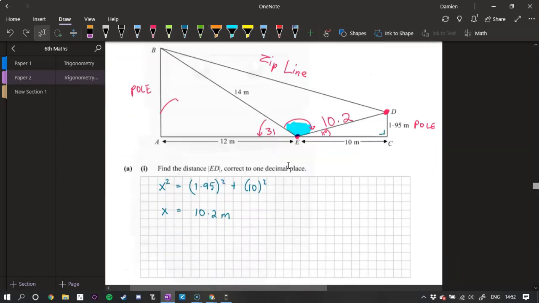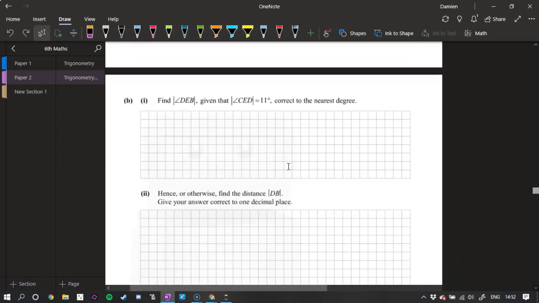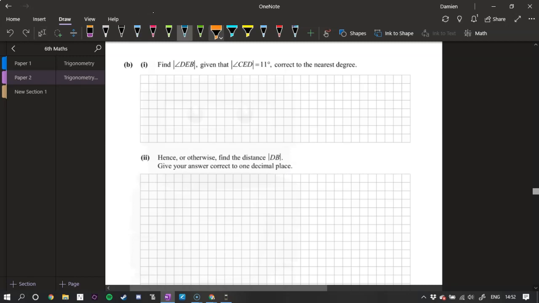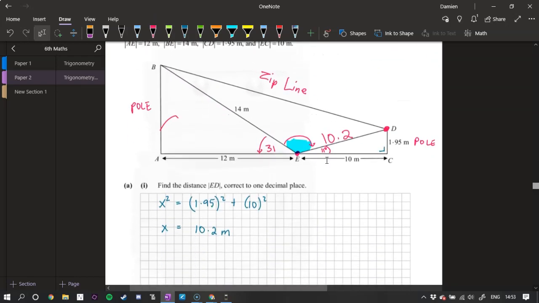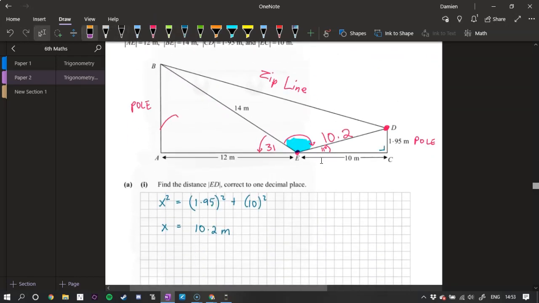So back down to this, we say 180 degrees minus the 11 degrees plus the 31 degrees. And that gives you the measure of angle DEB as equal to 138 degrees. Hence or otherwise find the distance of DB. So we can pop this in as 138.